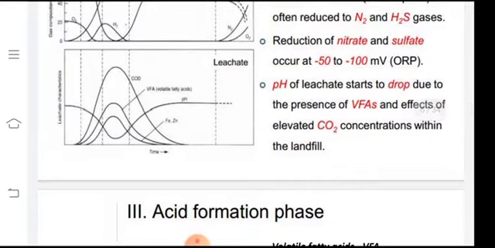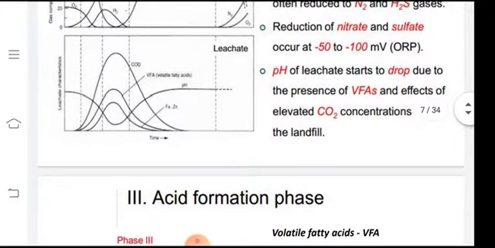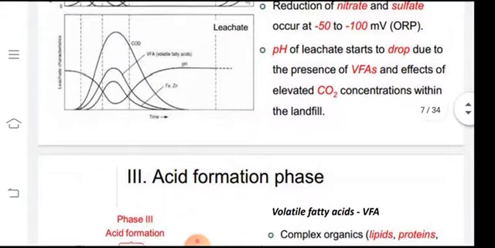Now as you see, the pH of the leachate has started dropping due to the presence of volatile fatty acids. At the same time CO2 is being produced, so the CO2 concentration is increasing, and as a result the pH level is reducing.